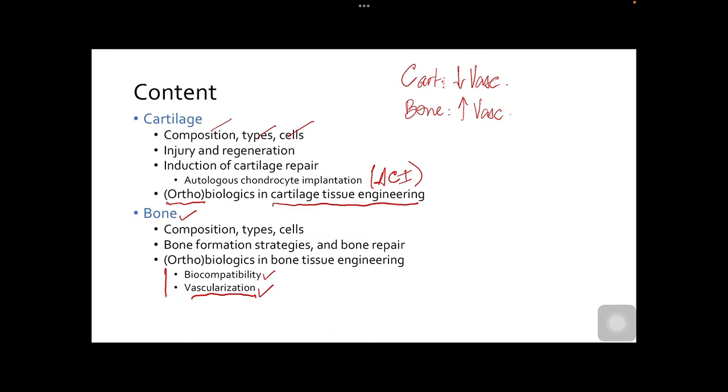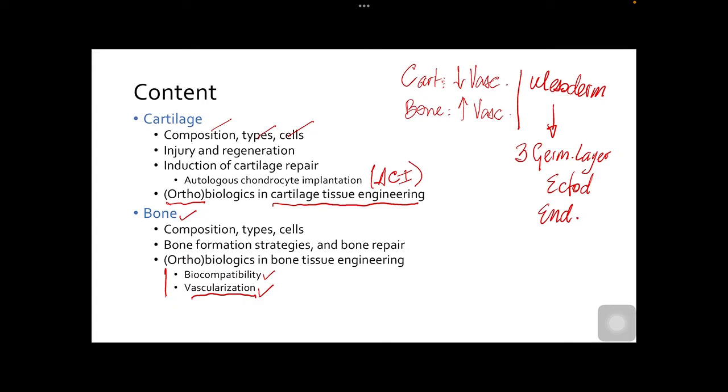So one of the main similarities between cartilage and bone is the origin. The origin of both cartilage and bone is the mesoderm. And the mesoderm is one of the three germinal layers that we have in the embryo. The other two are the ectoderm and the endoderm. We're not going to talk about these.